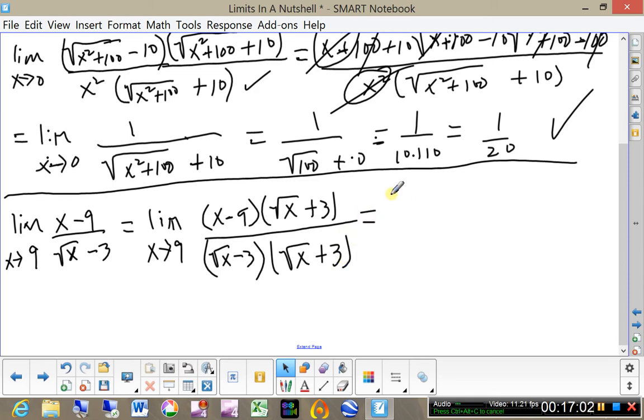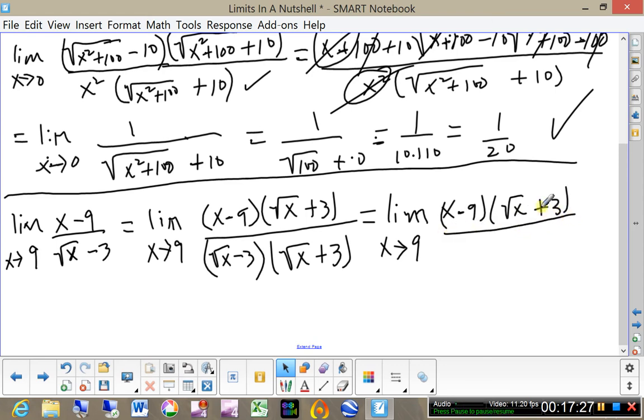we then get the limit as x approaches 9 of x minus 9 times the square root of x plus 3. Now the denominator becomes this x for the first term.